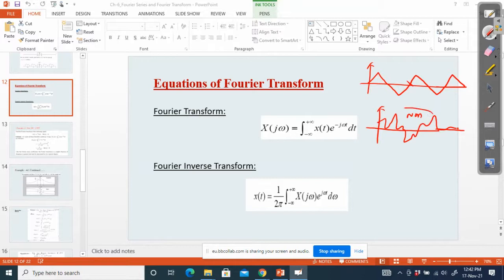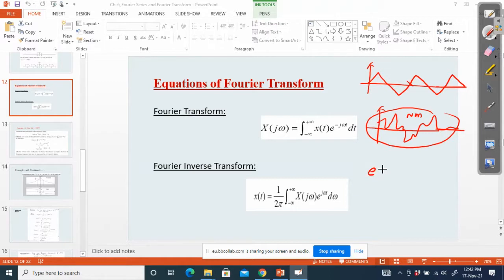So, in easy language, to see how many sine or cosine signals are present in a non-periodic signal, we use Fourier transform. Or more technically, we say to represent a non-periodic signal in terms of complex exponentials. What is a complex exponential?